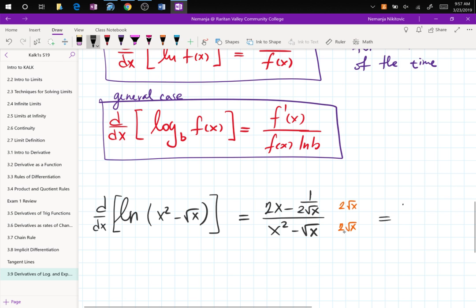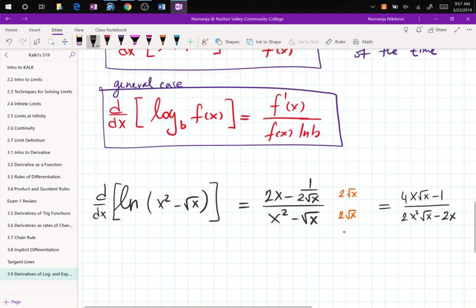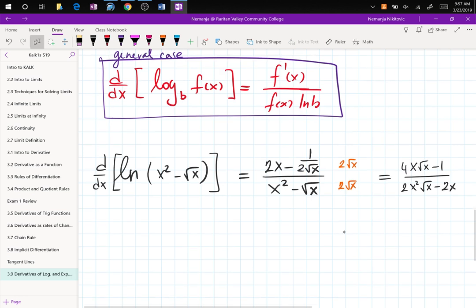So we have 4x root x minus 1 divided by 2x squared root x minus 2x. Now you can see that you can factor out, you don't have to, because you can't cancel because of minus 1. You can factor out 2x in the denominator, but who cares? All right, that's good enough. So this is the one.